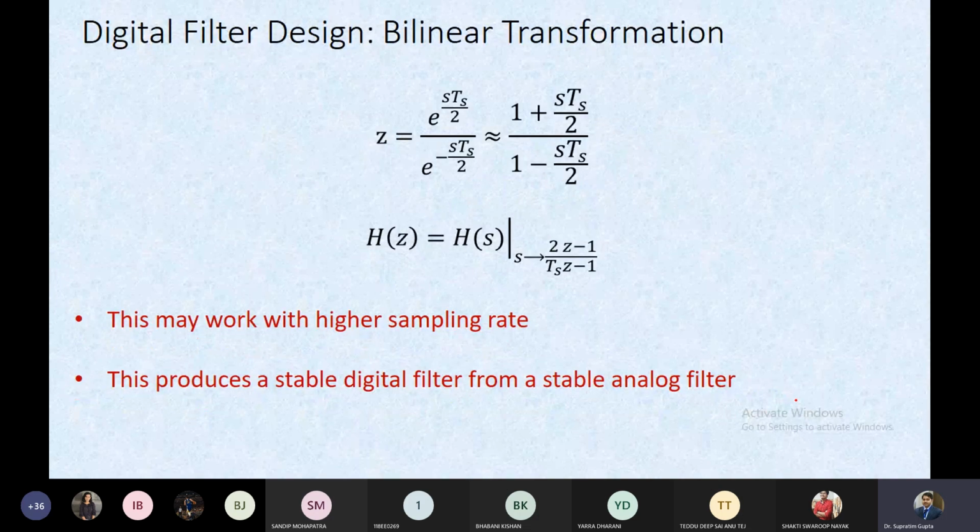So to avoid this, a trick is applied. The same mapping, but with e to the power sTs by 2 over e to the power minus sTs by 2, and then we keep the first two terms in the numerator and denominator. When we apply this transformation, we call it a bilinear transformation. We find that it produces a stable digital filter from a stable analog filter, right?